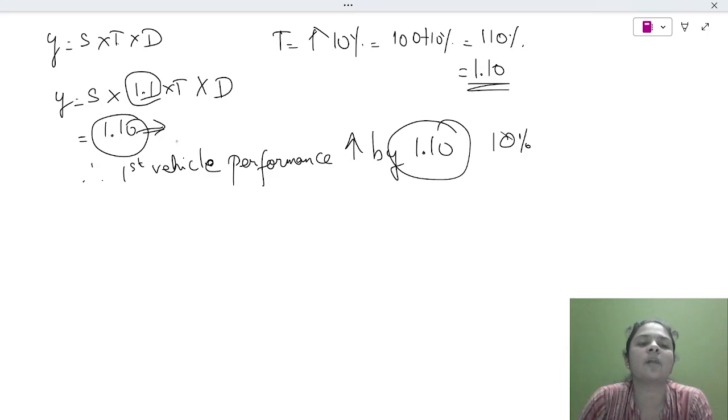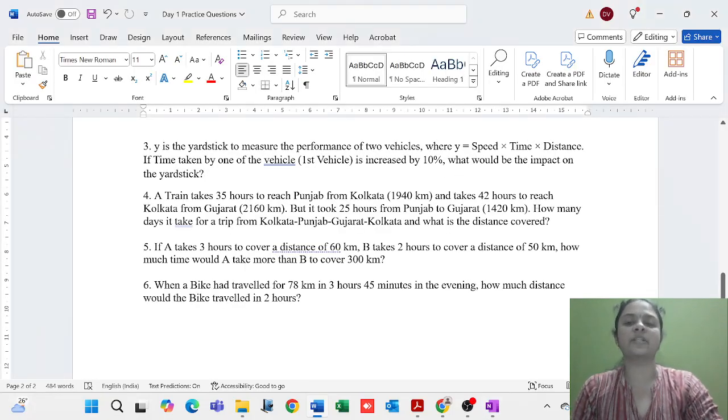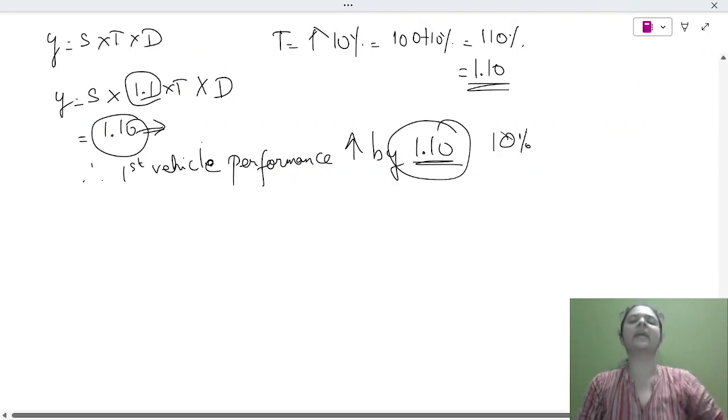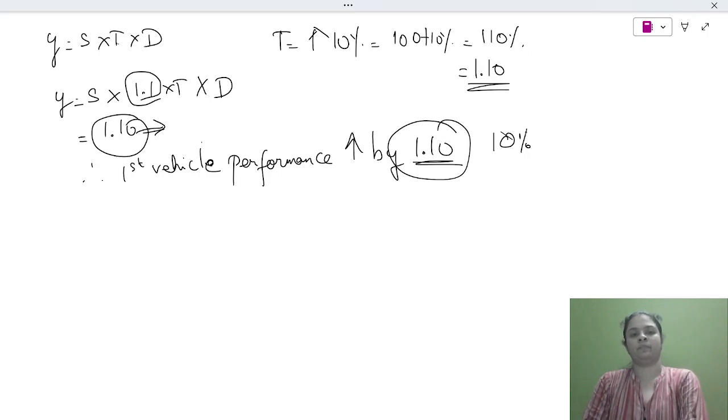So, your overall proportion will get multiplied by 1.10. So, 1.10 means a 10% increase. So, you can say the first vehicle's performance or the yardstick increases by 10%. Am I clear?